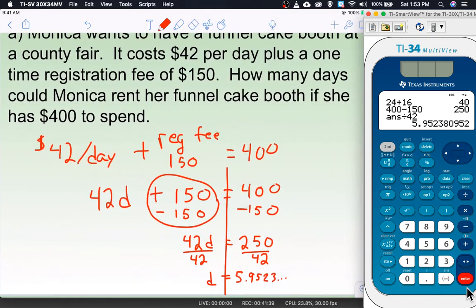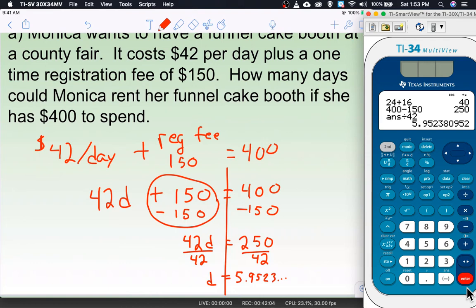Okay. Now, this answer doesn't quite make sense. Or it makes sense. We solved the equation. We got a number. We got a solution, but I don't know if she's allowed to rent it for 0.9523 whatever number of days. She doesn't have enough money for 6 days.